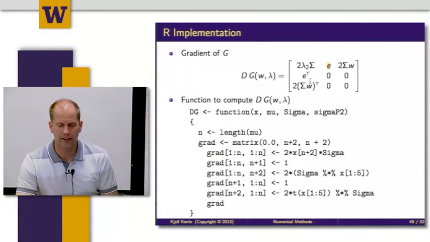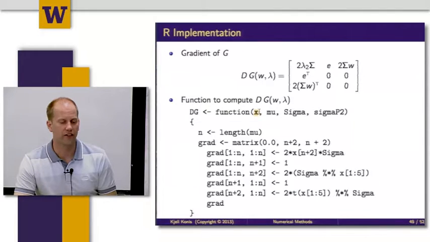And the same thing is going to happen for this E here when I run this command. And then for rows 1 through n in column n plus 2, so that's describing this portion over here, I just need to put 2 times sigma times w. Remember, w is the first 5 elements of the input to this function.